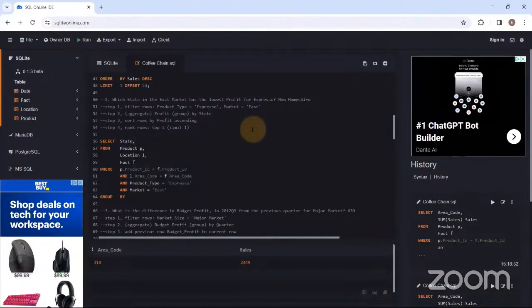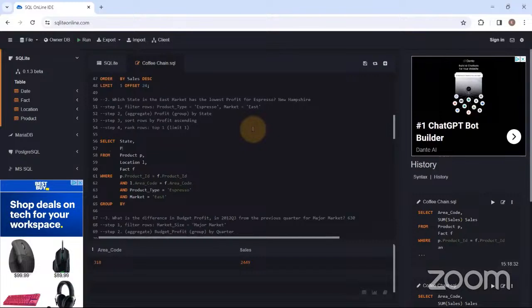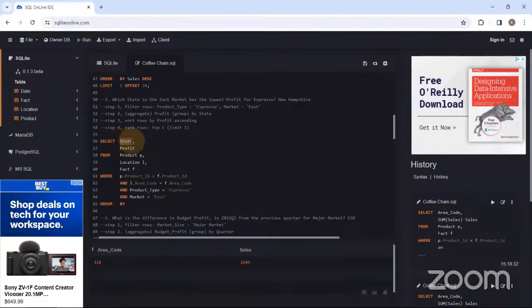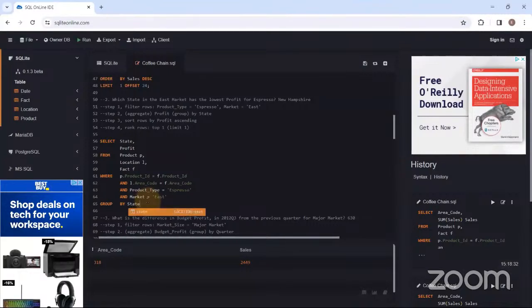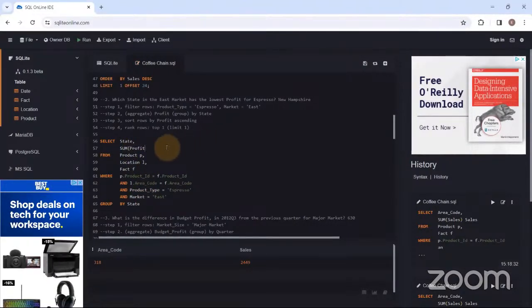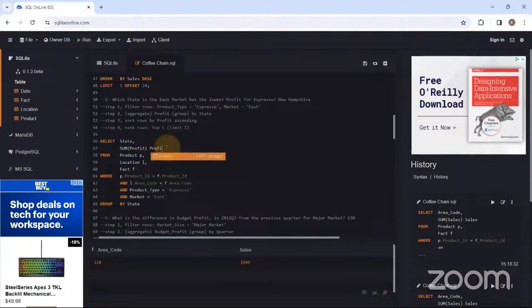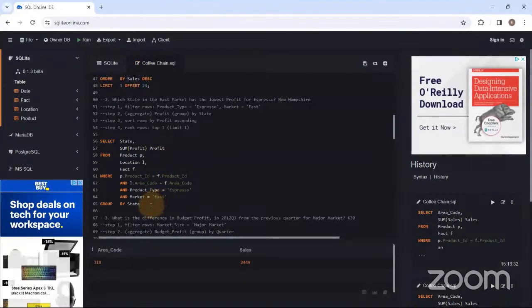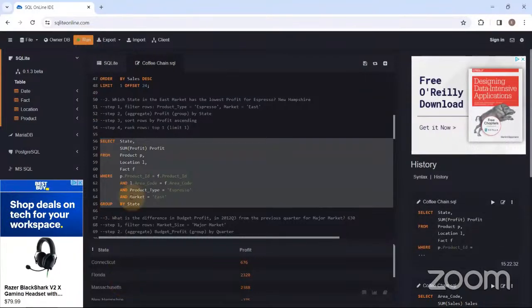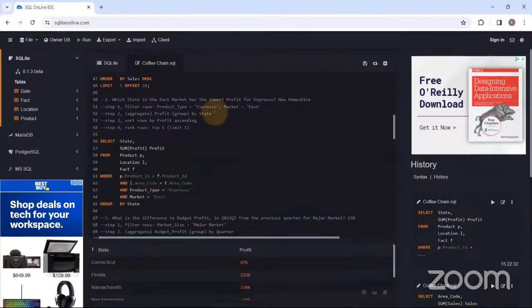Step 2, select the columns, state and profit. Dimension state in the select statement must also appear in the group by statement. Measure profit in the select statement must be wrapped in sum of profit. Run it, and here is the result. Step 3, sort rows.